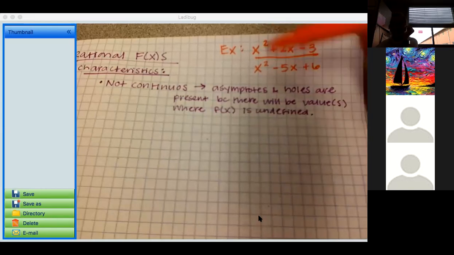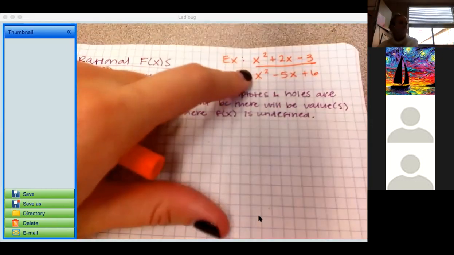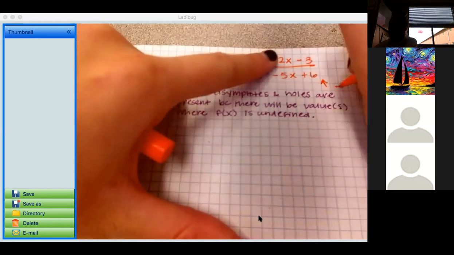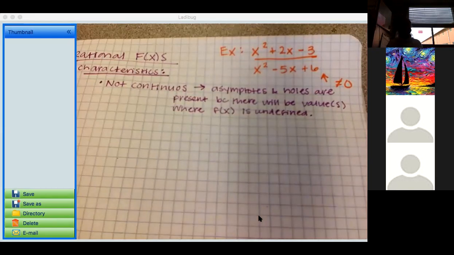So if you have something like this, we know the denominator can't be 0. So you would have to set the denominator equal to 0, solve, figure out where your holes and asymptotes are. Does that make sense? None of these rational functions can be continuous. They won't be, because a denominator can never be 0. This cannot equal 0. You may want to write that. If you know it, then you do you. But that is the biggest thing. They will not be continuous.